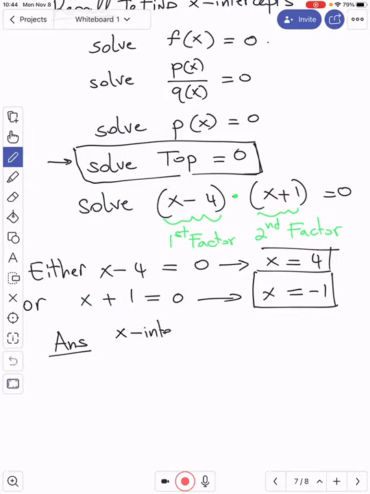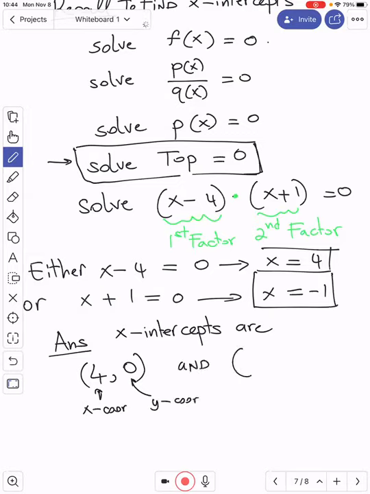Remember, guys, for the notation of x-intercepts, we use the point notation. So first it's 4, 0, because this is your x coordinate and this is your y coordinate. And the other point is negative 1, 0. So that's your x-intercepts, and we are almost done.